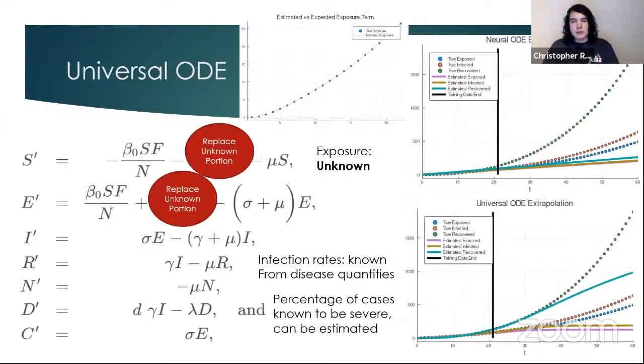So this is where we can get to a universal ODE, right? A universal ODE, once again, is an ordinary differential equation where all or part of the differential equations can be approximated by these unknown functions, by universal approximators. So here, remember at the very beginning I said we know a lot about the system, right?